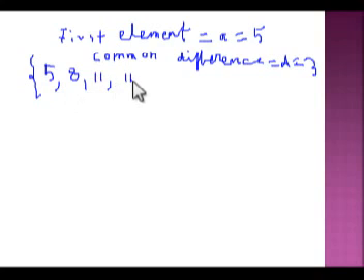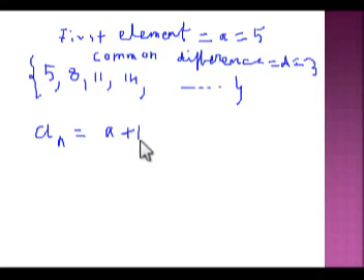If we wish to know the nth term, it can be given by the relation: nth term An is the first term A plus n minus 1 times D. If we wish to know the 50th term of this arithmetic progression, how will we calculate?